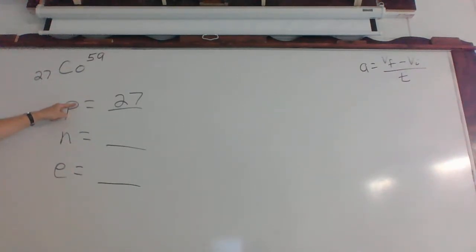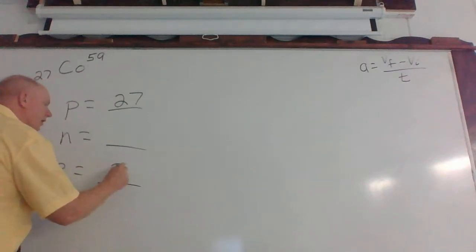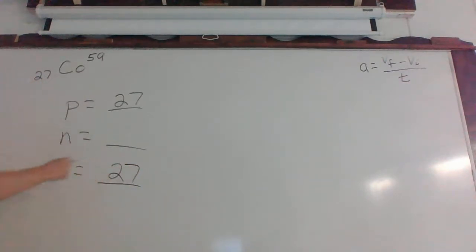They have a positive charge, which means if it's neutral, there must be something with a negative charge that would add up to 0. And there's 27 electrons because they are negatively charged. Okay? So you don't have to put a negative charge there. It's not the value, it's just saying that there are 27 of them that have a negative charge. Okay?